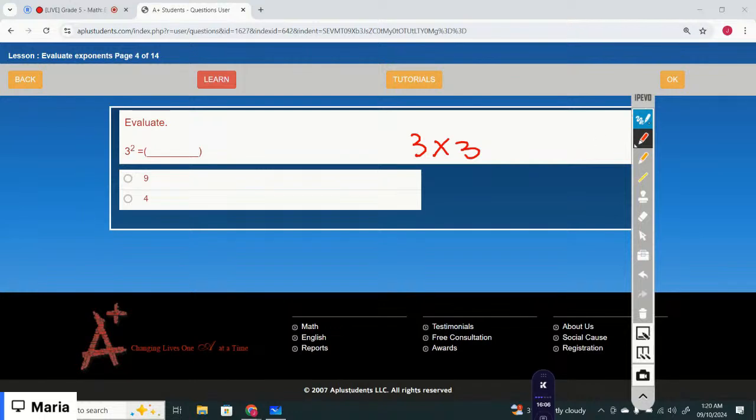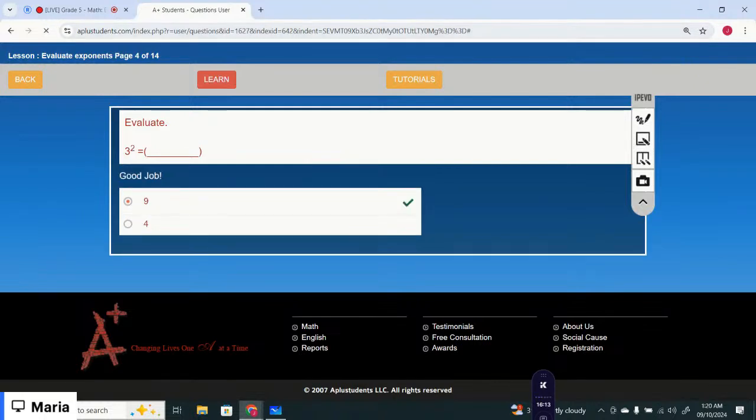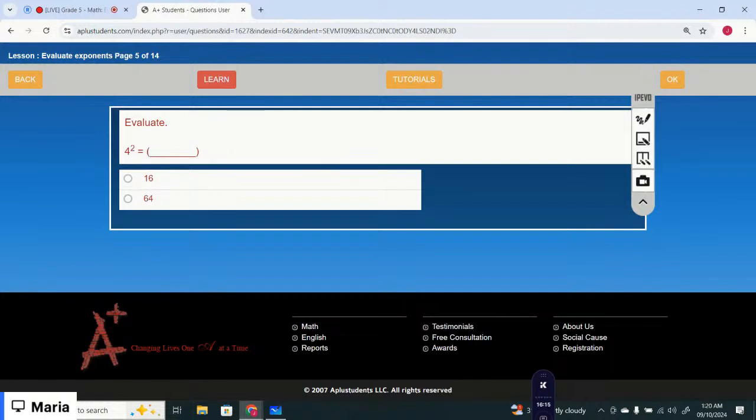That is 3 times 3. 3 times 3 is 9. Option number 1 is the correct option. Evaluate 4 squared.